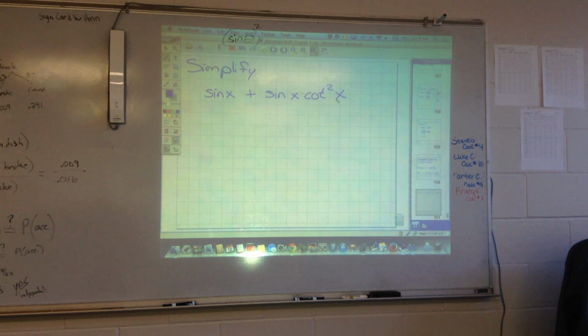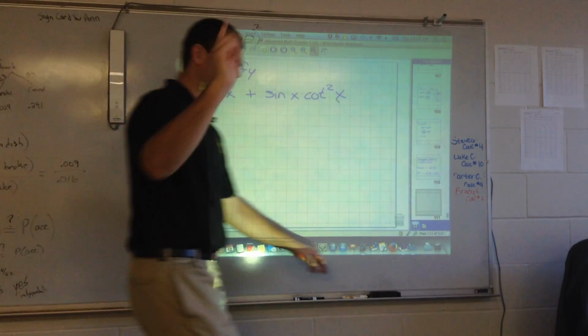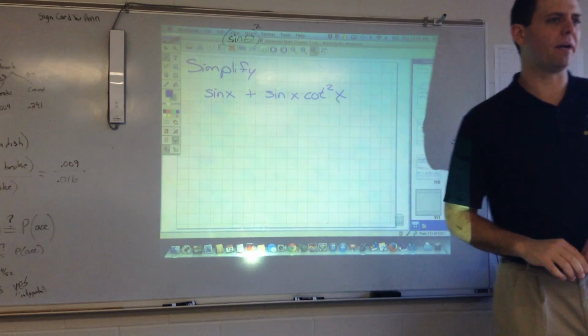I thought it was tangent at first, or cosine, so I was thinking it'd be a tangent, so I could just poke holes in their theory. Other ideas? Split up the cotangent to what? To cosine squared over sine. That is what I would almost recommend always to do.